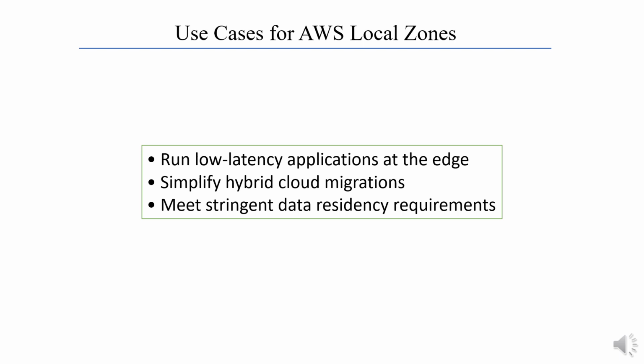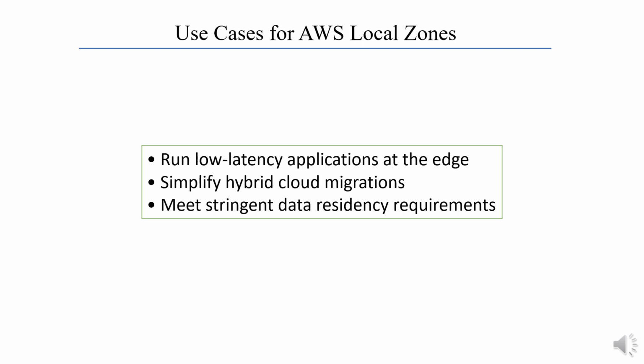Run low-latency applications at the edge. Build and deploy applications close to end users to enable real-time gaming, live streaming, augmented and virtual reality, virtual workstations, and more. Simplify hybrid cloud migrations.